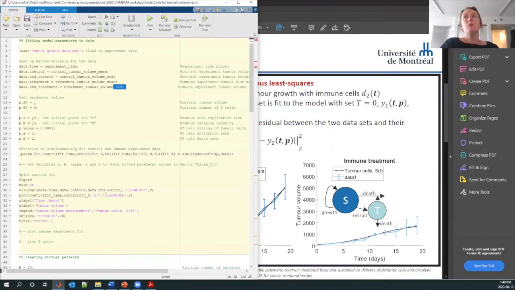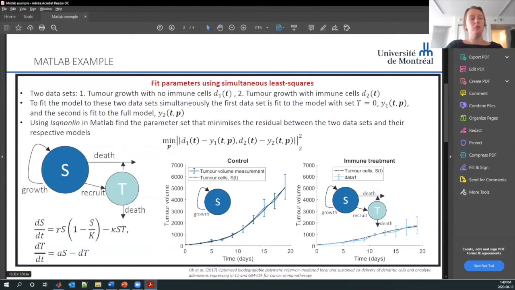The first thing that we want to set is an initial tumor size, so how many initial cells there are. You can see on the data graph down here, it's roughly 100, so we're going to set that to be 100. We're going to say that there are no T cells initially in the immune experiment because we're assuming that they're becoming activated by the presence of the tumor cells. We then also need to think about what the growth rate parameter R should be and what K should be.